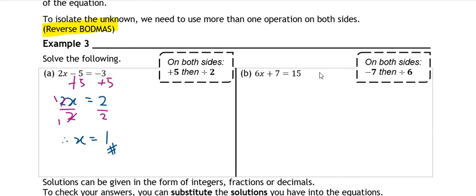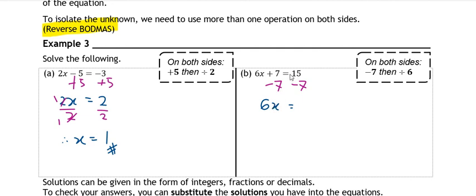Now let's move on to example 3B: 6x minus 7 equals 15. Same thing here, you have to read the side notes. You add 7 first on both sides. On the left side you are left with 6x, because negative 7 plus 7 equals 0.